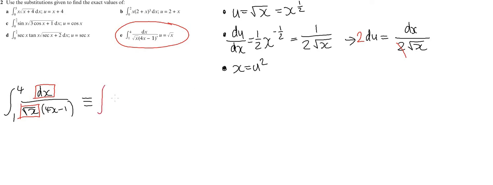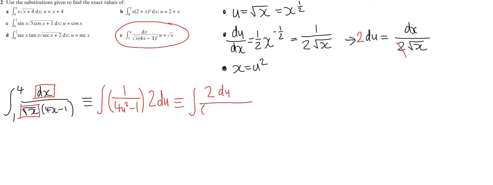So this is going to become 2 du. Now I've got to my bracket, so I've got 1 over 4x minus 1. x is u squared, so we'll make that 4u squared minus 1. So let's write that as 2 du divided by 4u squared minus 1. Okay, so there's our integral.